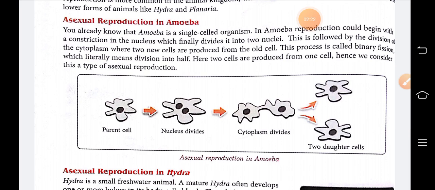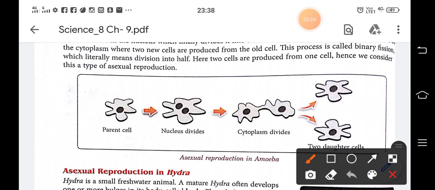Look here in the figure, it is very clear. First, the parent cell is here. When the favorable condition comes, the nucleus of the cell expands and breaks into two.